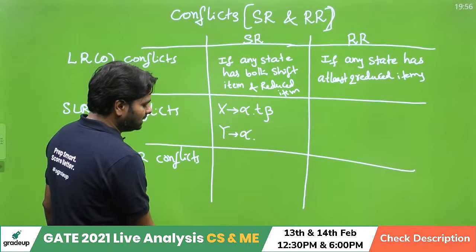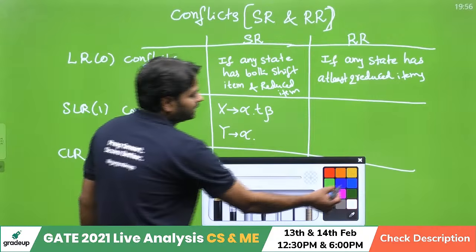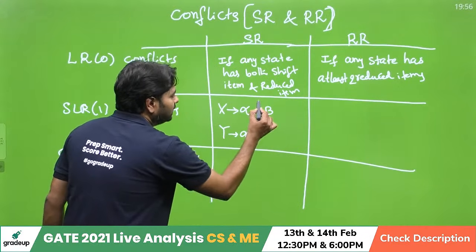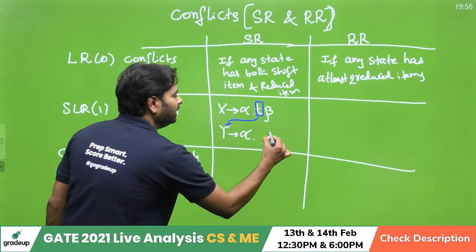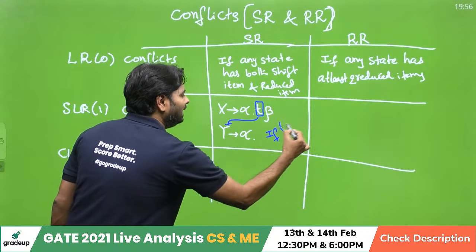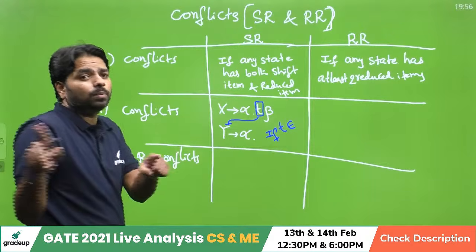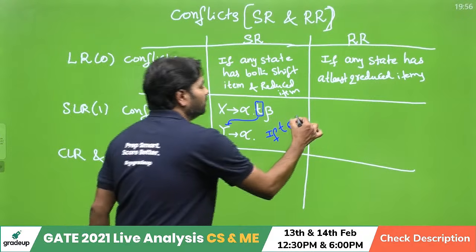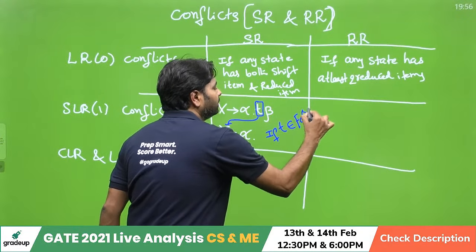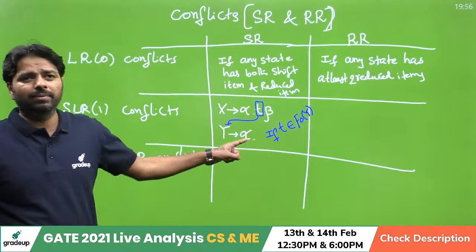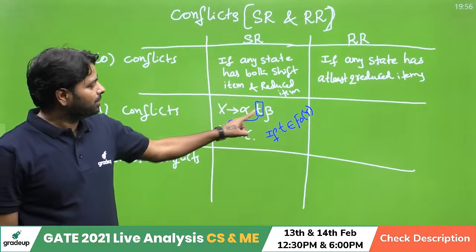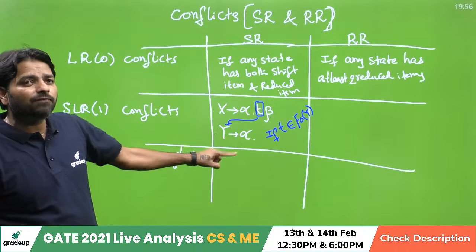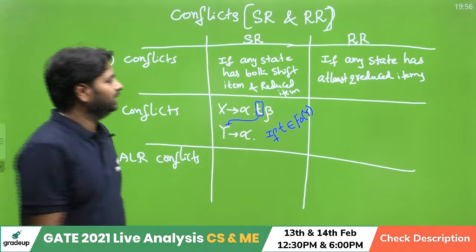Quick. This terminal you are going to check, is it present in follow of Y? If t does not belong, no problem. If it belongs to follow of Y, then you get a conflict. Everybody agree? If this terminal is present in the reduced item's follow, then it is a conflict.